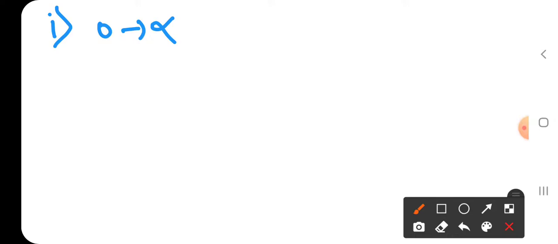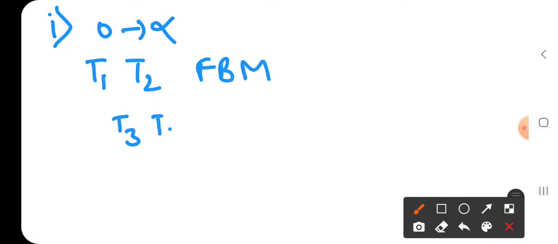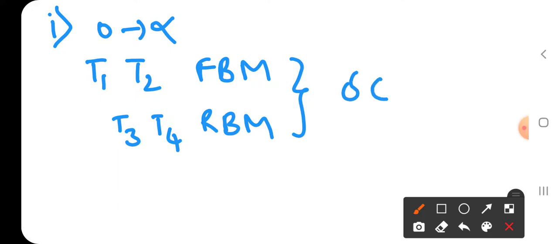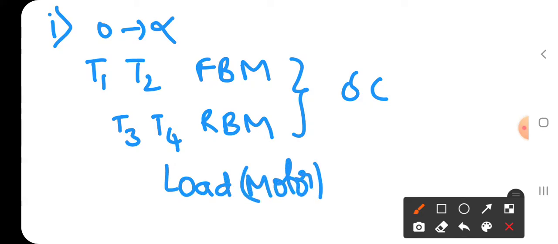During 0 to alpha, T1, T2 are in forward blocking mode, and T3, T4 are in reverse blocking mode, but the 4 SCRs act as an open circuit. Therefore, the load, that is the motor, is disconnected from the source through the converter.